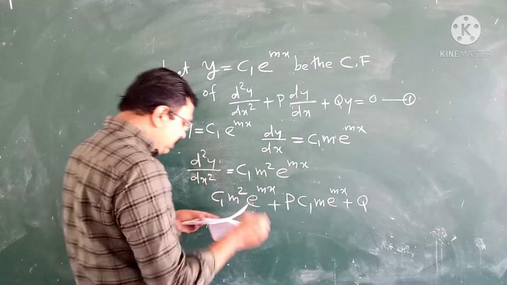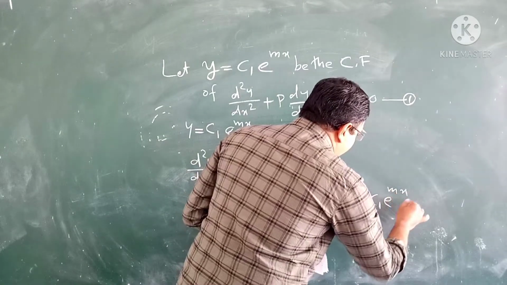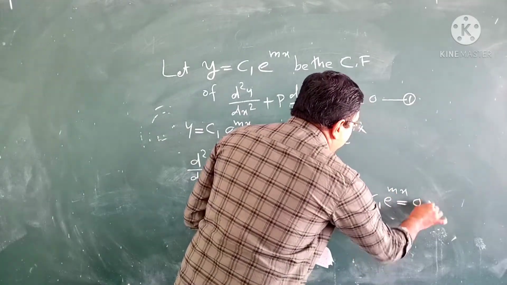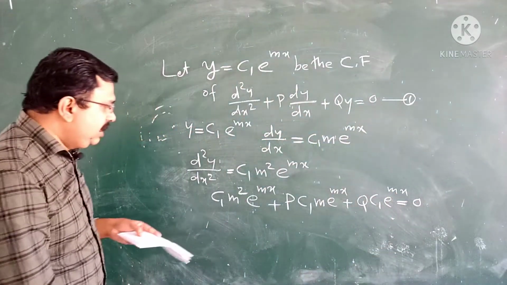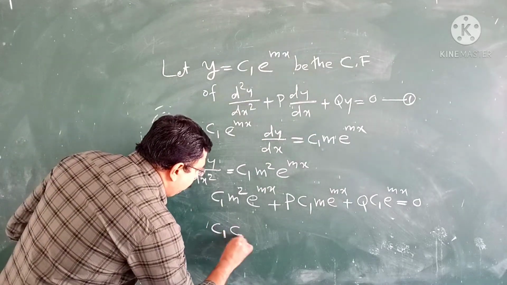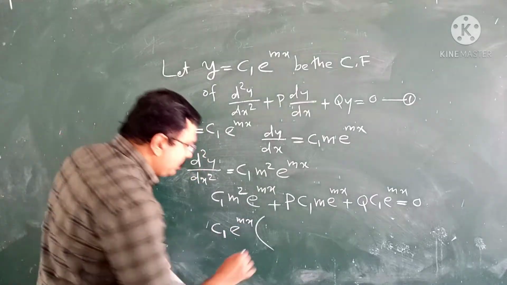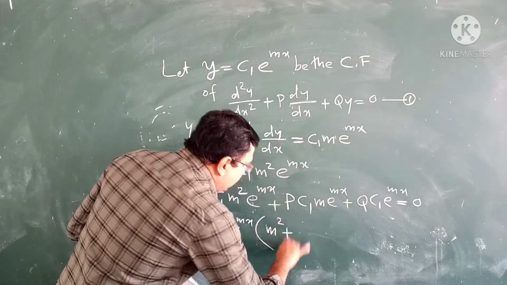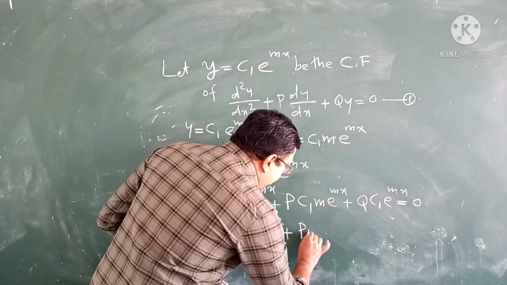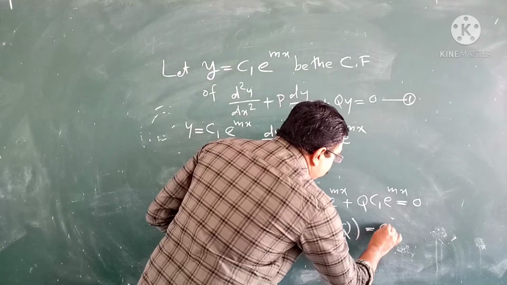What is our y? c1 into e raised to mx, that is equal to 0. This equation can be written as c1 into e raised to mx, m square plus pm plus q equal to 0.